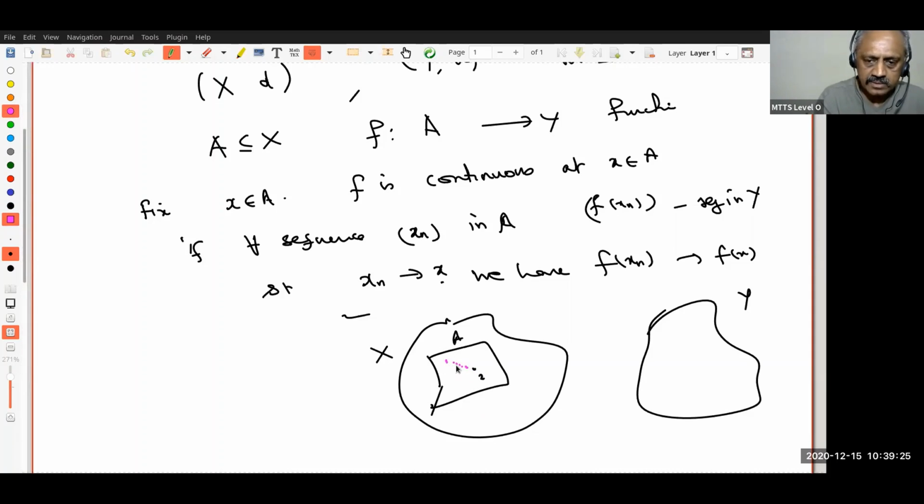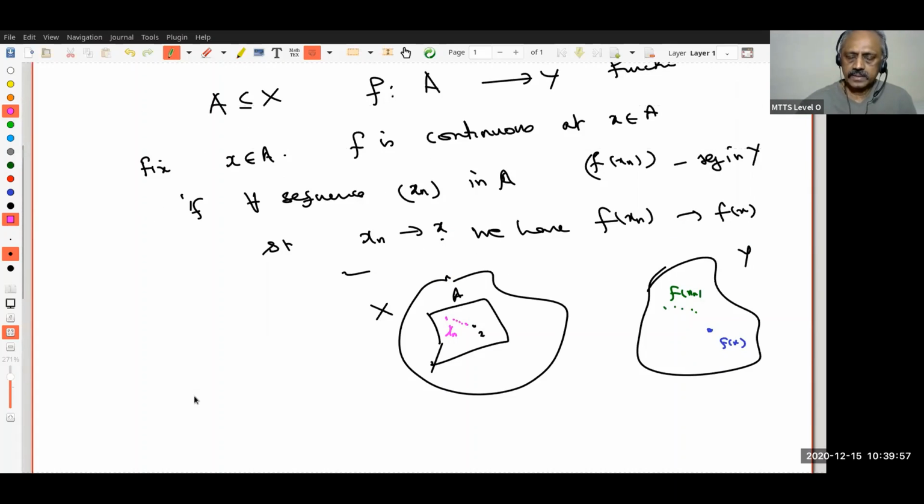Where are the x_n's? They are here, and their images are f of x_n. And this is your f of x, which I will denote by a different color. These are all the f of x_n's. So if x_n converges to x, then f of x_n is a sequence in Y, and it should converge to f of x.